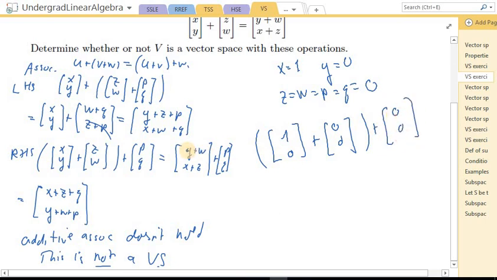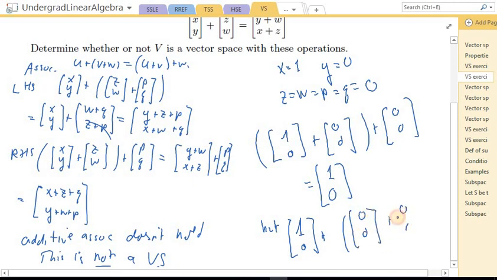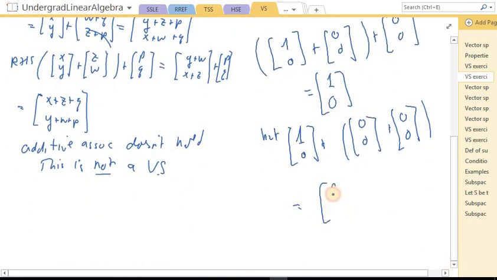According to this formula, that's going to give me x plus z plus q, so that's going to be 1 on the top, and then it's 0 on the bottom. On the other hand, if we look at the top formula here, if we have 1, 0 plus 0, 0 plus 0, 0, if you work out the formula, that's going to give me 0, 1.